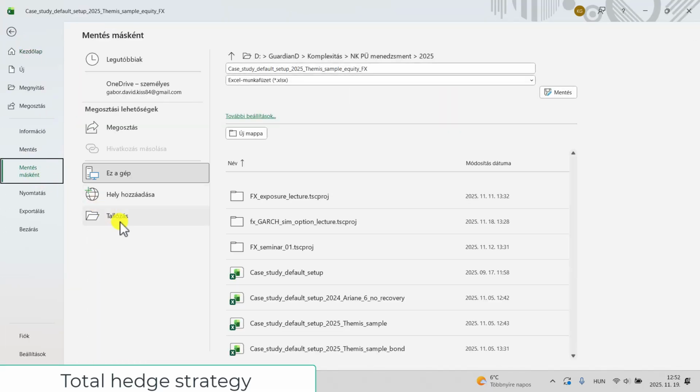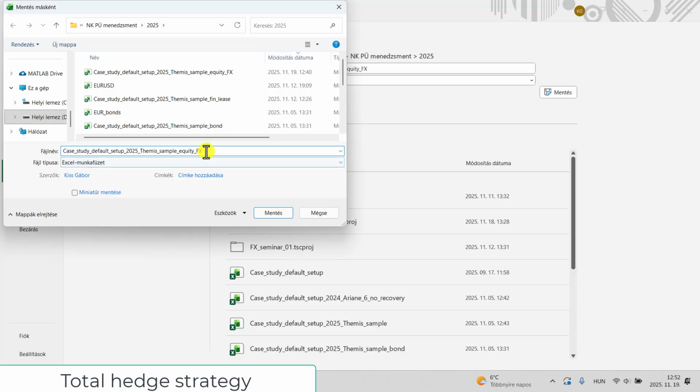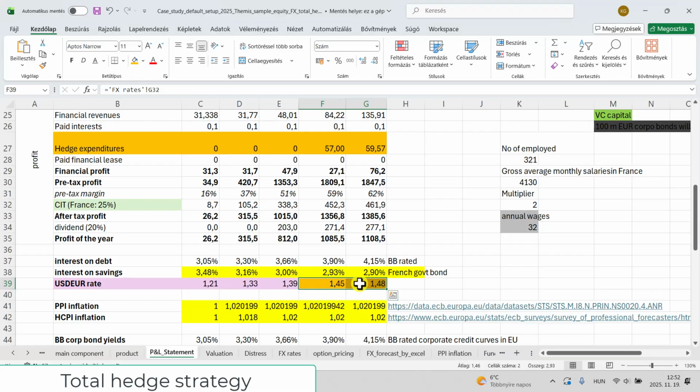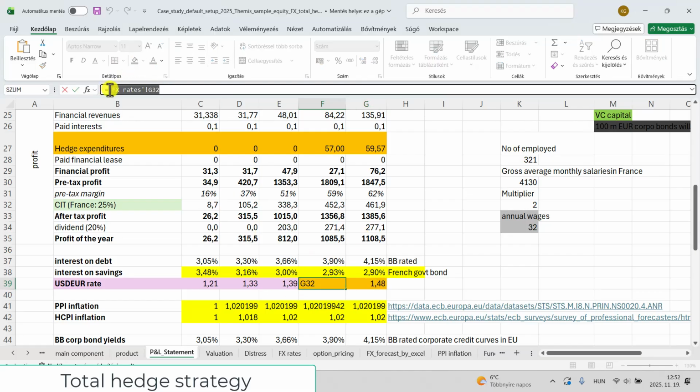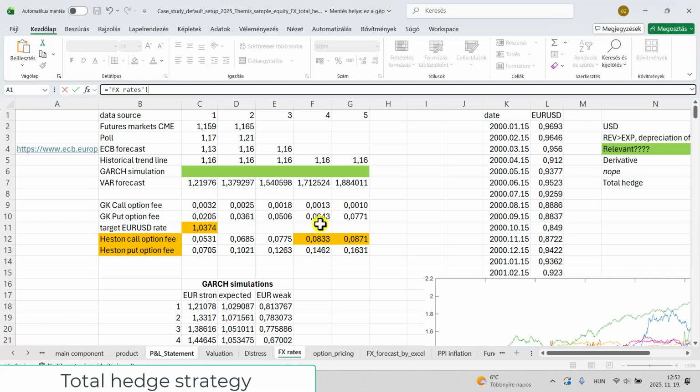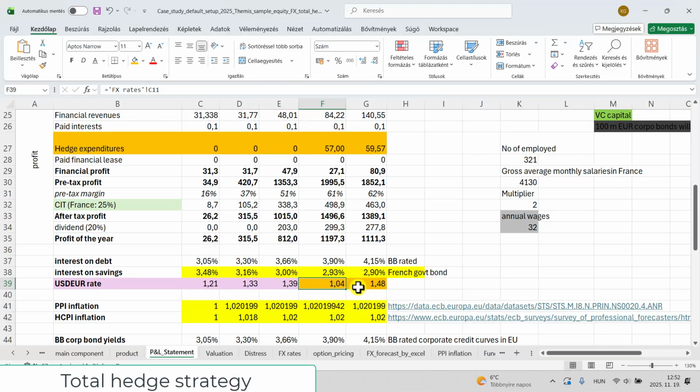maybe I will create a save as, total hedge, because this is going far from the previous solution. Now I have to fix the exchange rate at this level, and then I'm still fixing it at this level.